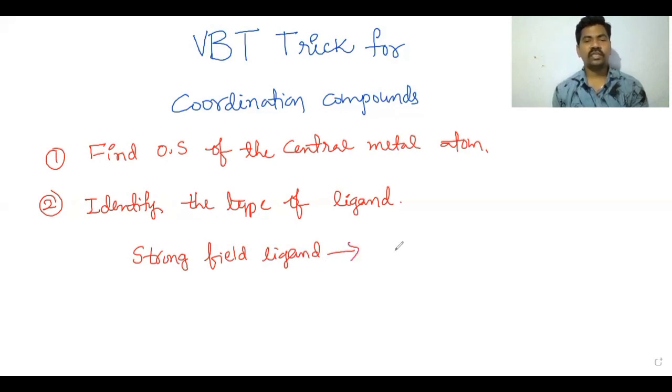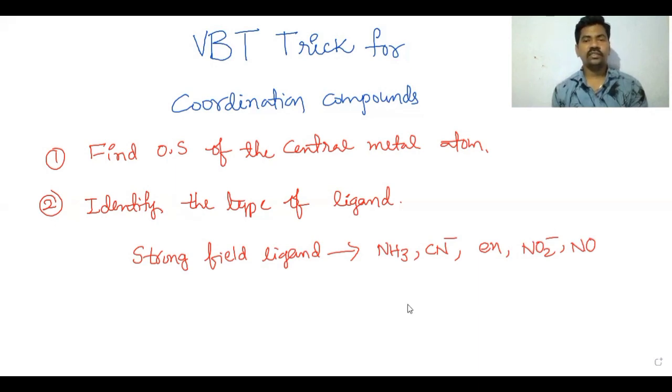Strong field ligands, for example: NH3 ammonia, cyanide ion CN minus, ethylenediamine en, NO2 minus, and nitrosyl NO. These are all examples of strong field ligands.